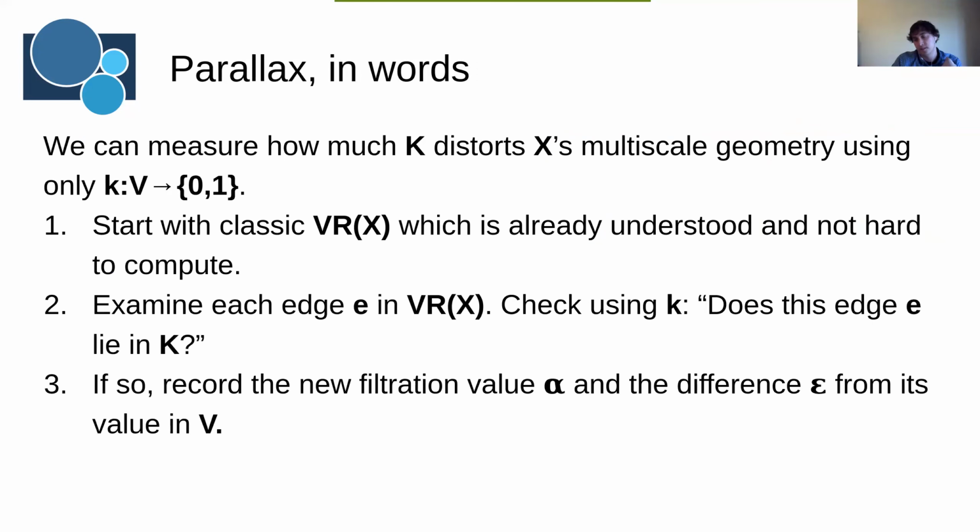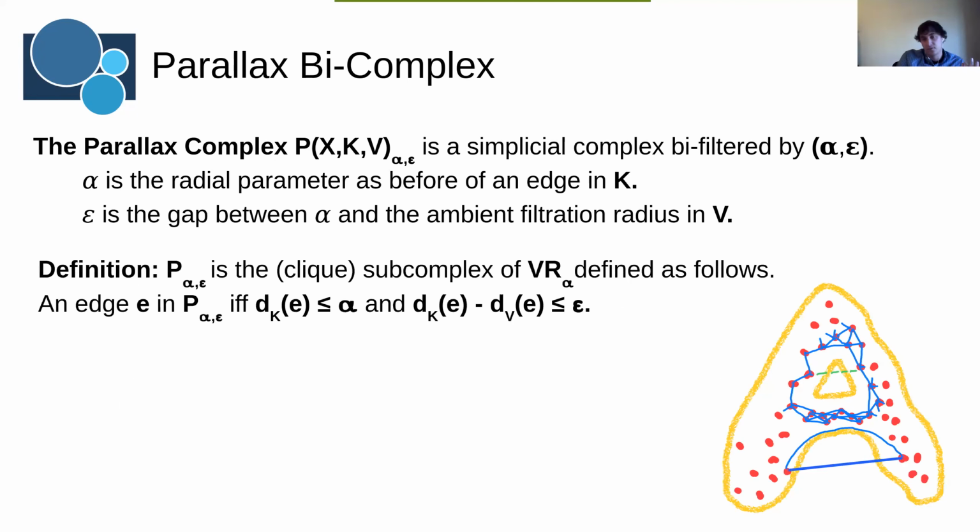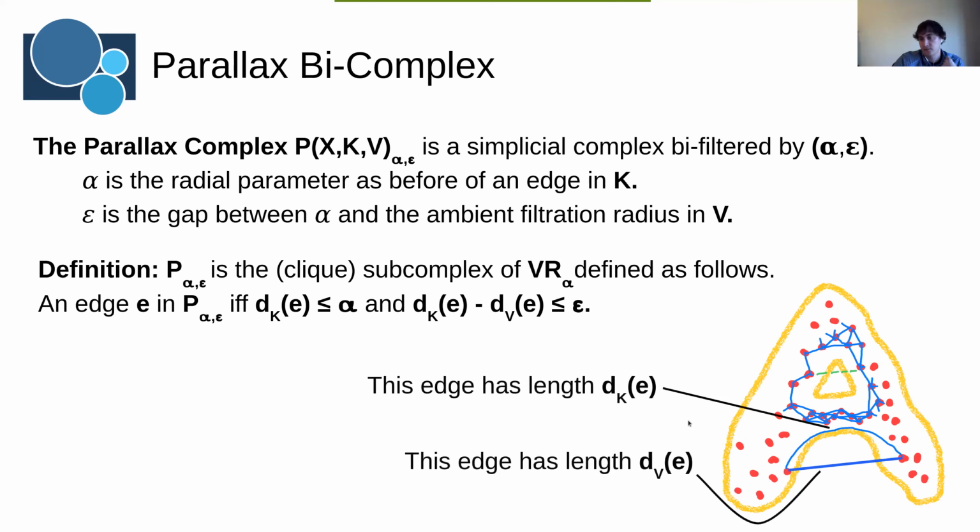And we'll see a picture of this. And then not only do we keep track of the new value, but we keep track of how much it shifted. How much did you have to increase the radius of those balls until the edge became in the model K? So this is the formal definition. It's kind of exactly what I just described. Again, here's the picture I keep talking about.